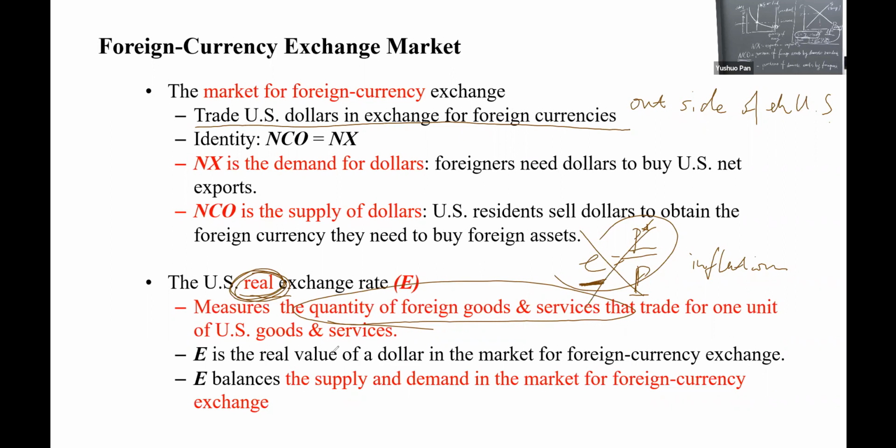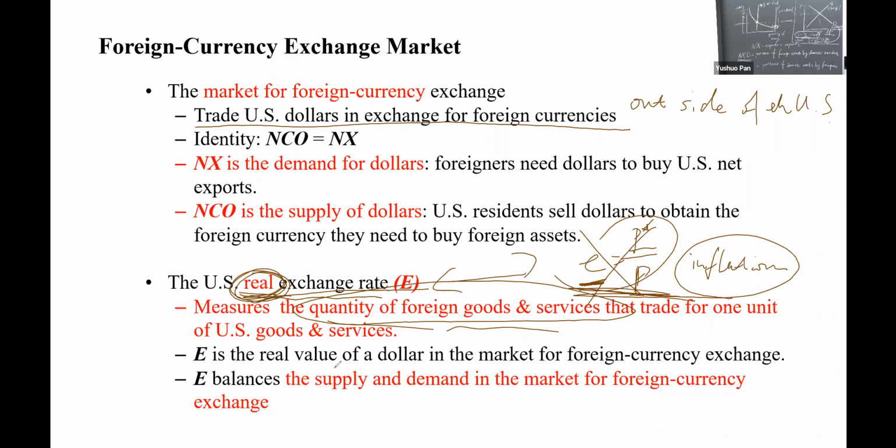So the way we calculate the real exchange rate is to use the quantity of goods and services. So these are two different exchange rates. This is the nominal exchange rate, but because of inflation, we do not use this. So when we calculate the real exchange rate, which we are going to learn in this chapter.